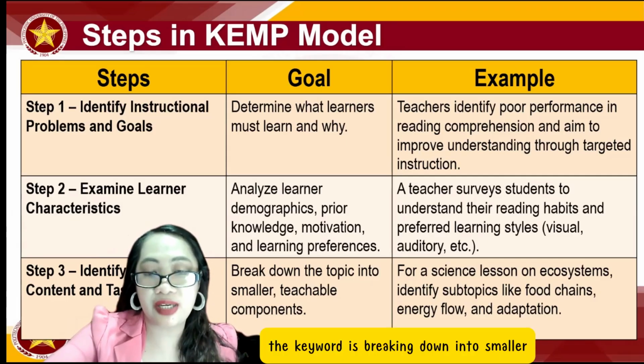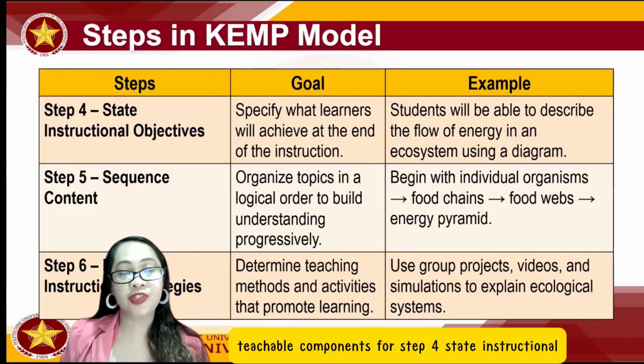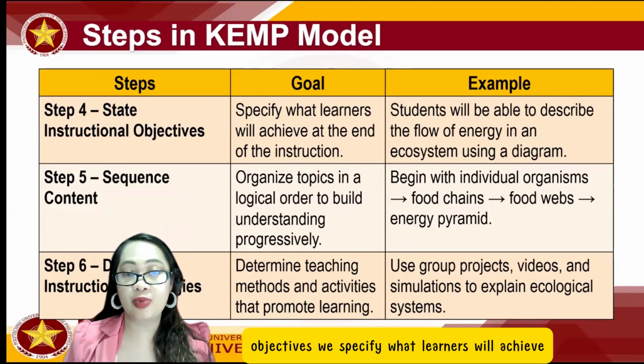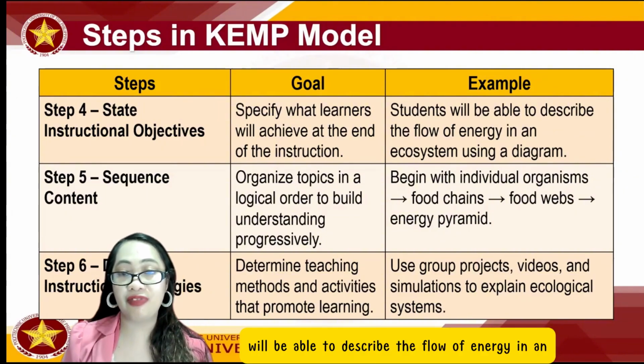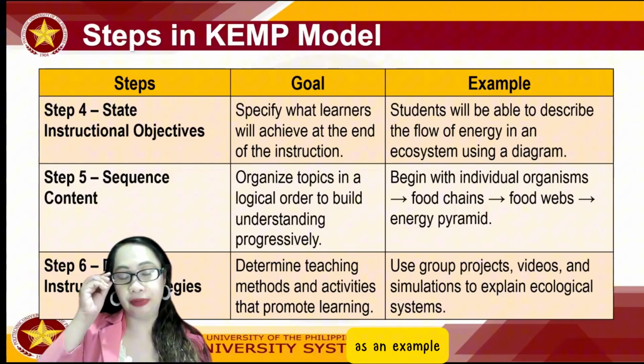The keyword is breaking down into smaller teachable components. For step 4, state instructional objectives. We specify what learners will achieve at the end of the instruction. Students will be able to describe the flow of energy in an ecosystem using a diagram, as an example.